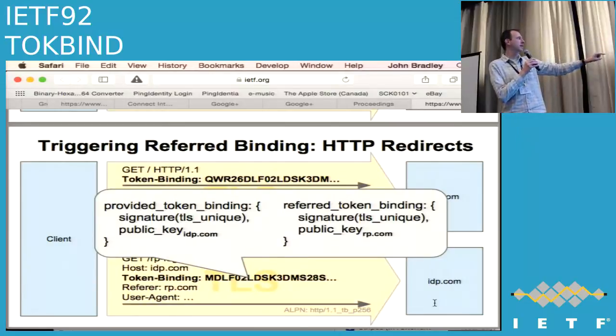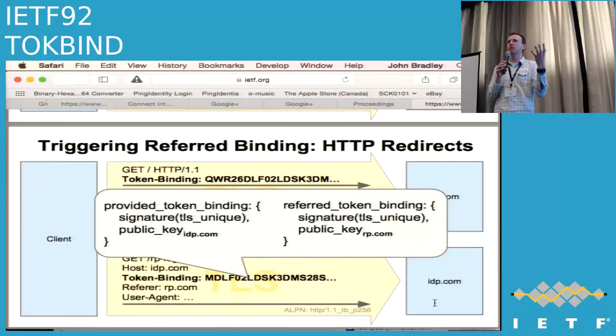It's not a statement about the other TLS connection, it's a statement about which keys the client controls, using the TLS session with the IDP. Yes, and so the way we prove that we control these keys happens to be that we pick the TLS unique and we sign over it. That clarifies it, thank you.